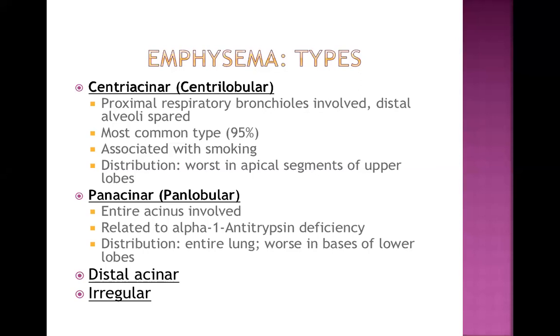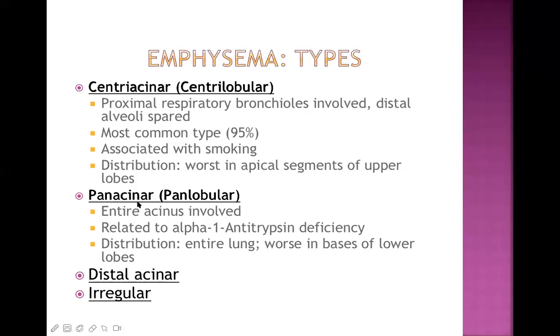Almost 95% of patients have it, and it is strongly associated with smoking. The distribution is worst in the apical segment of the upper lobe, meaning upper lobes are mainly affected in centriacinar. The next slide will highlight this again. Let me finish this first.